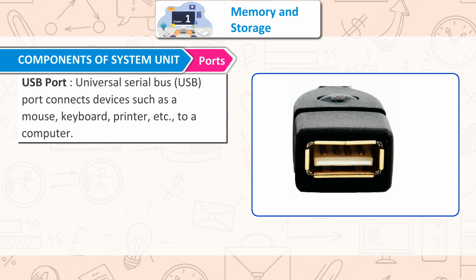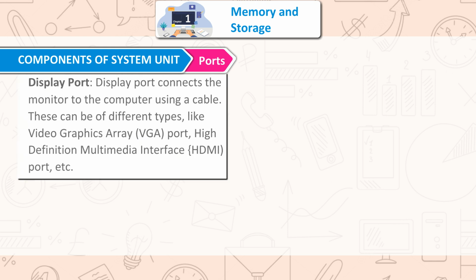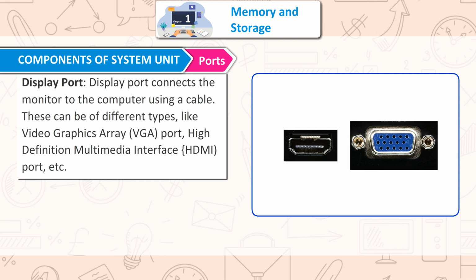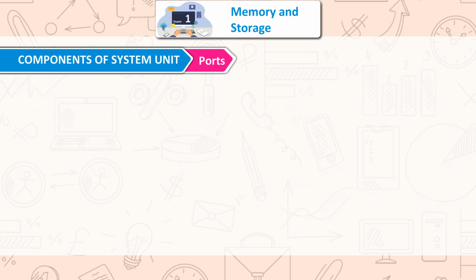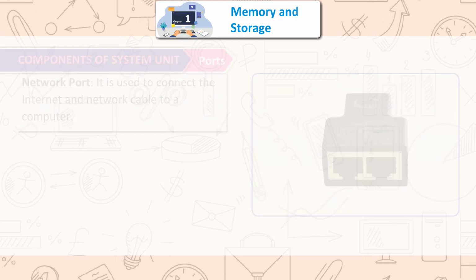USB port connects devices such as a mouse, keyboard, printer, etc. to a computer. Display port. Display port connects the monitor to the computer using a cable. These can be of different types like Video Graphics Array, VGA, port, High Definition Multimedia Interface, HDMI, port, etc. Network port. It is used to connect the internet and network cable to a computer.